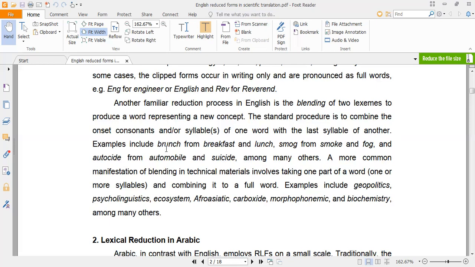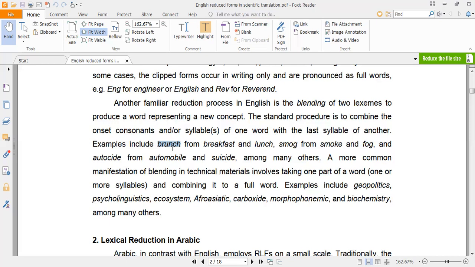Okay. Brunch also is taken from breakfast and lunch. And brunch means a meal between breakfast and lunch, a meal in the middle between them, as a snack. So the first part of breakfast is taken, the last part of lunch is taken.